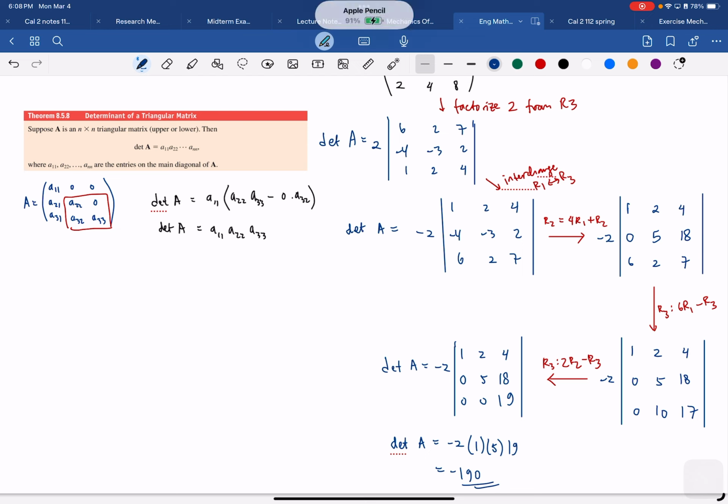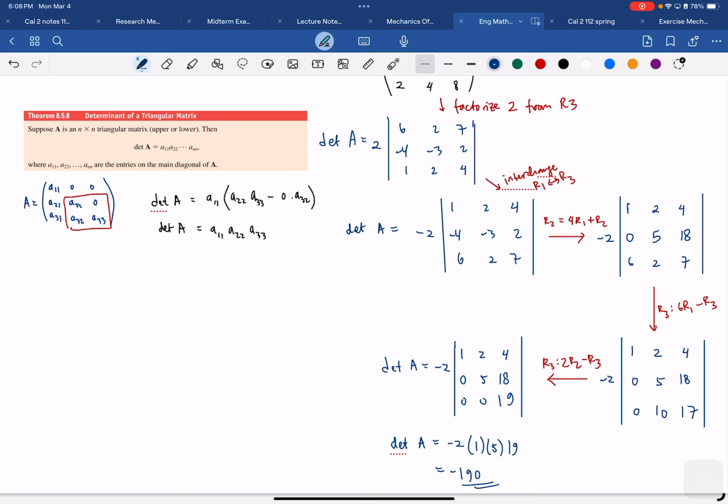So the row operations, it could work with the determinant system. So if you want to calculate the determinant and you would like to try using the reduction for the row, you could do this. And don't forget that every time you exchange rows, you need to multiply negative. And if you are going to factorize in any rows, don't forget to factorize, and then don't forget to multiply again.